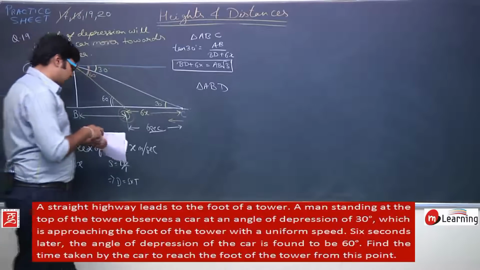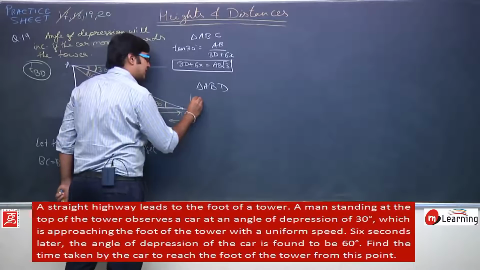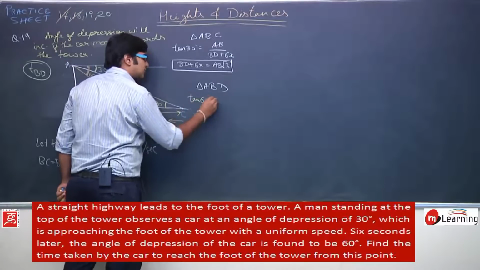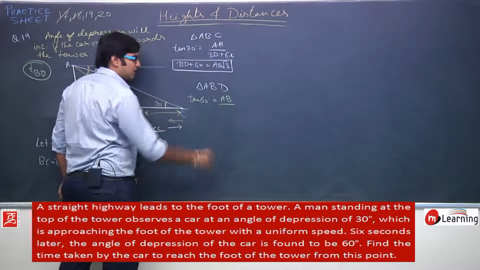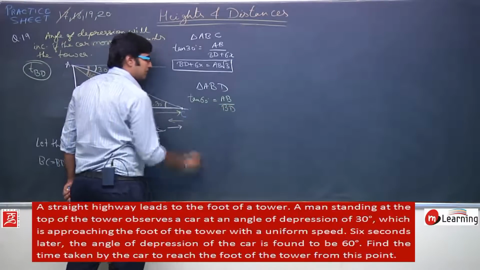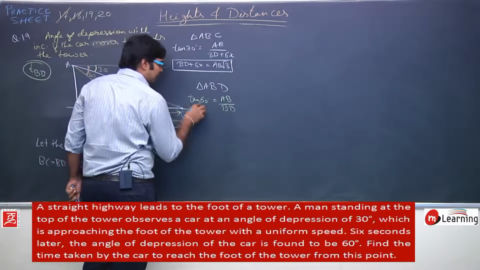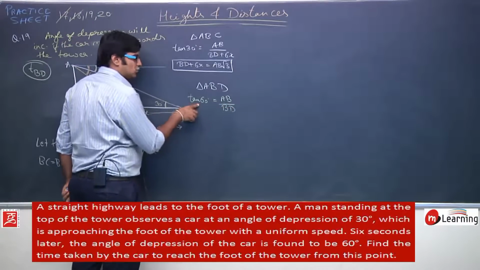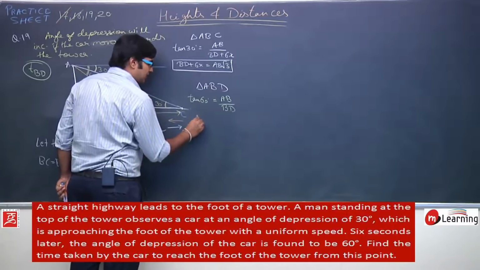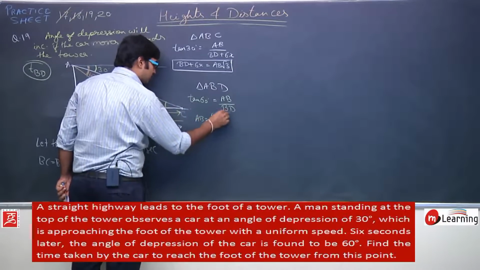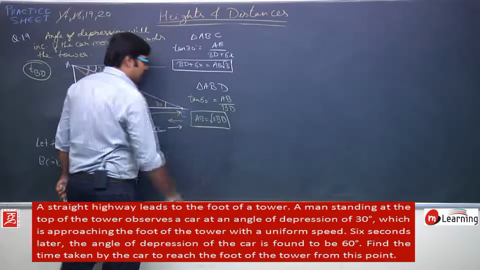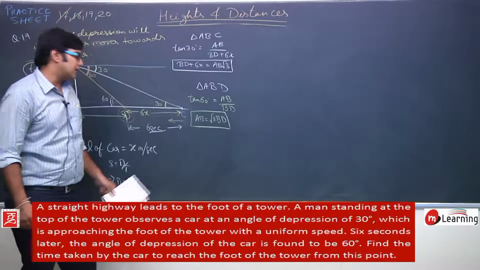So again here also I can write tan of angle 60 degrees. We can use the tan ratio, and this will be AB upon BD. So tan 60 is root 3, and you will get AB is equal to root 3 BD.